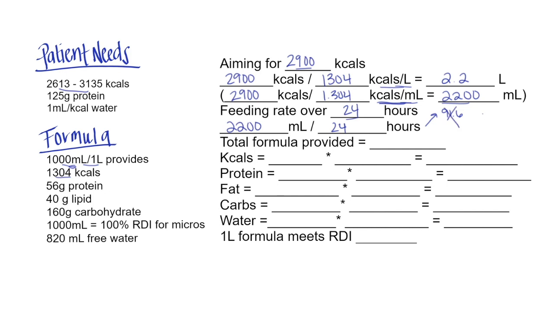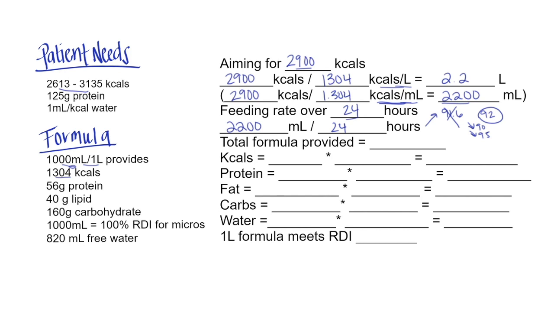So I can either round that up to 92 if that is something that I want to use, or you might be in a facility that likes to round to the nearest 5. So you might go to a 90 or to a 95, depending on your rounding or what your institution needs. But for this instance, I'm going to keep with 92. I like that number. And so we are going to stick with 92 mils per hour.